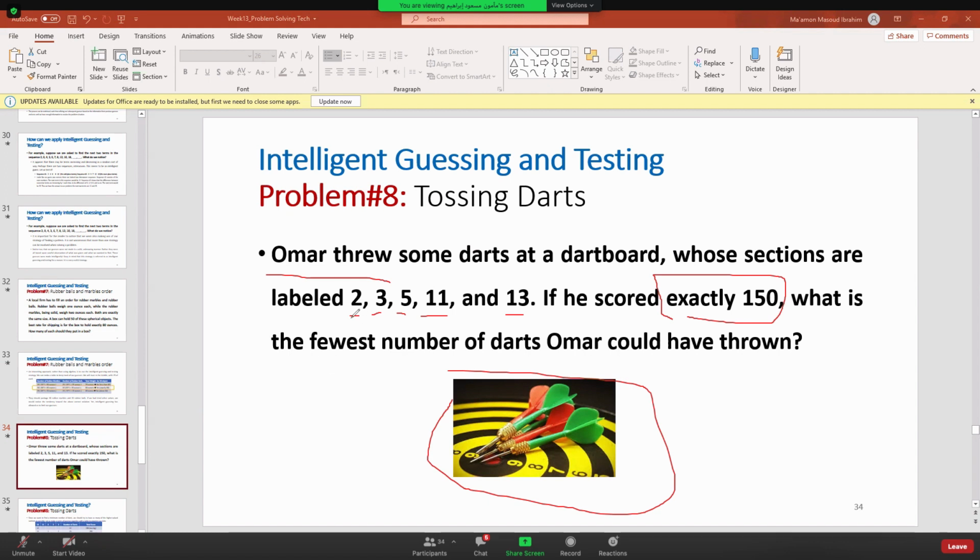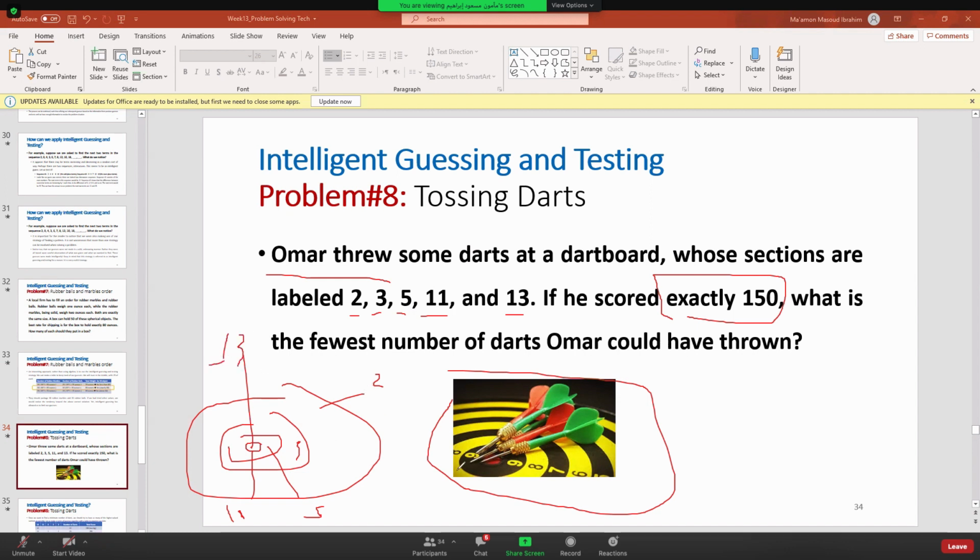So these are the sections we have, or the points for each section. One of the sections has 2 points. Maybe this is 2, this is 3, maybe this is 5 and 11 inside, and maybe this point is 13.